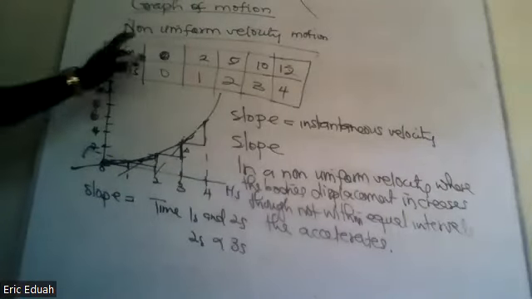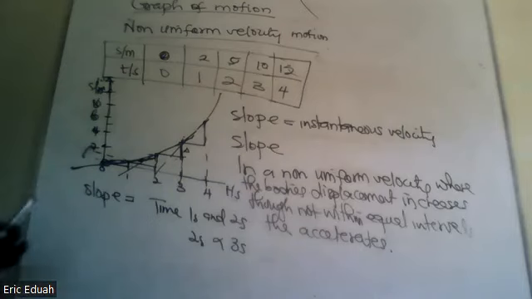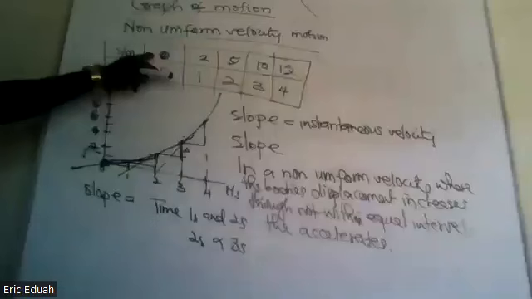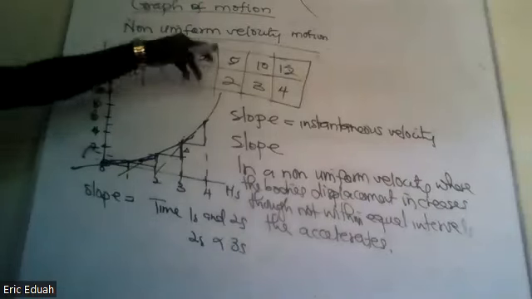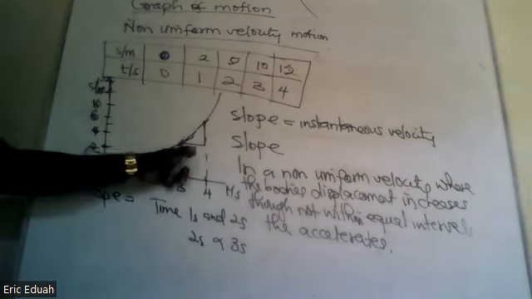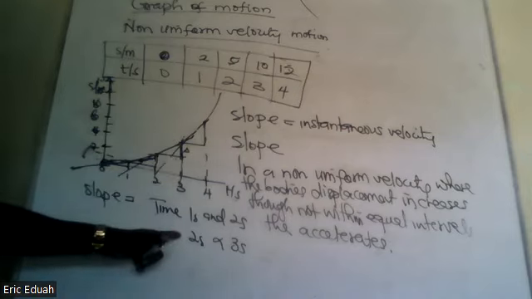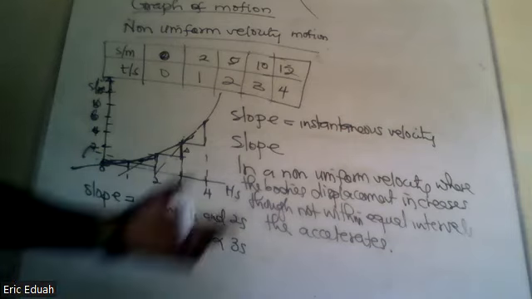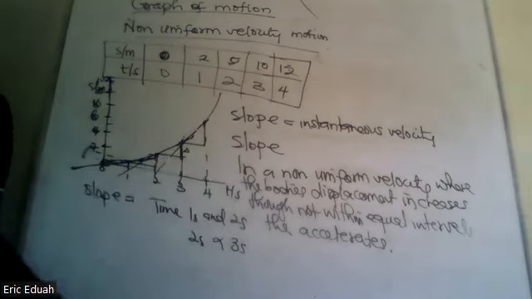Now, when it happens that the velocity changes and the distance covered decreases, we also have a non-uniform velocity motion. Here, the instantaneous velocity will be a positive one when the distance increases.